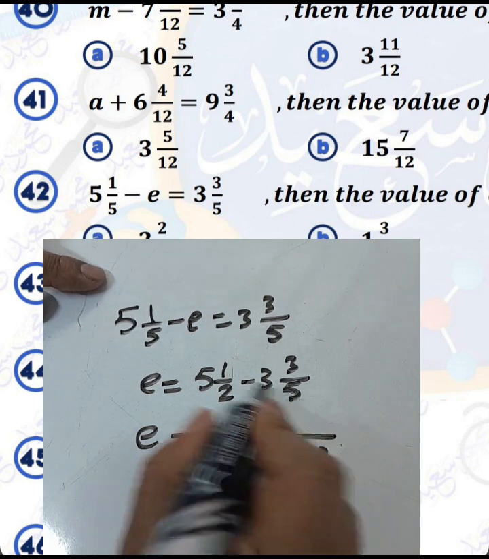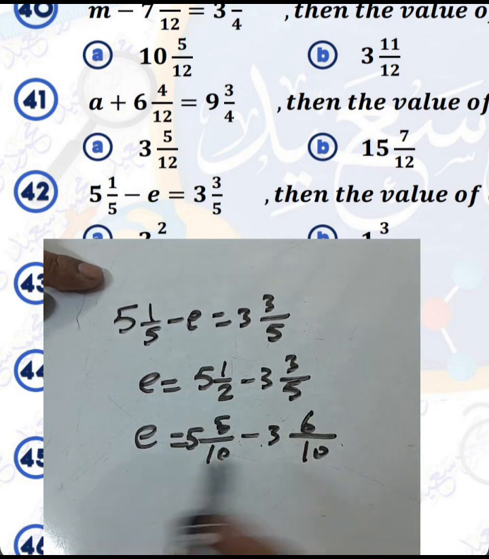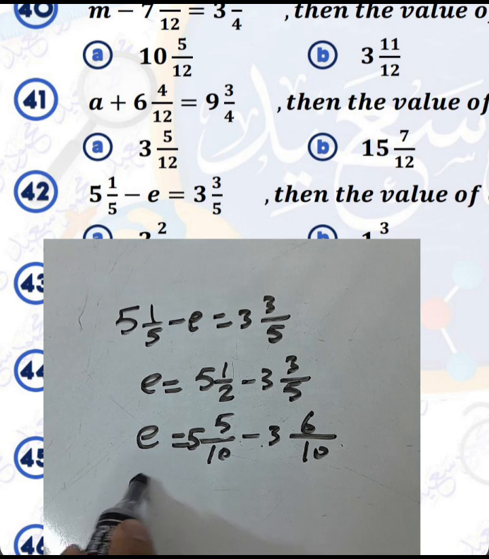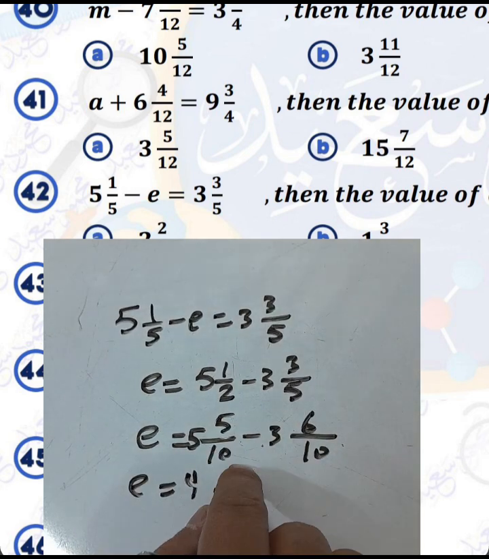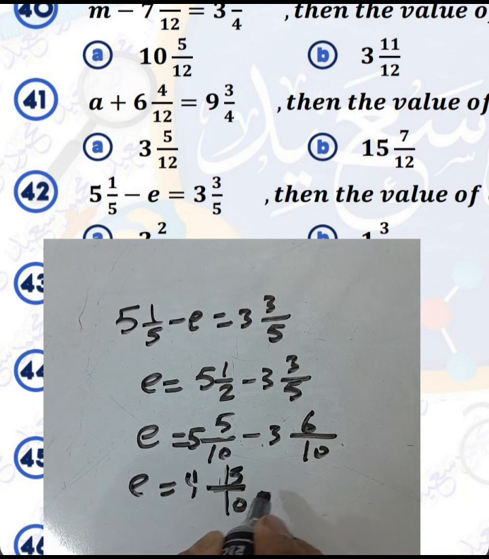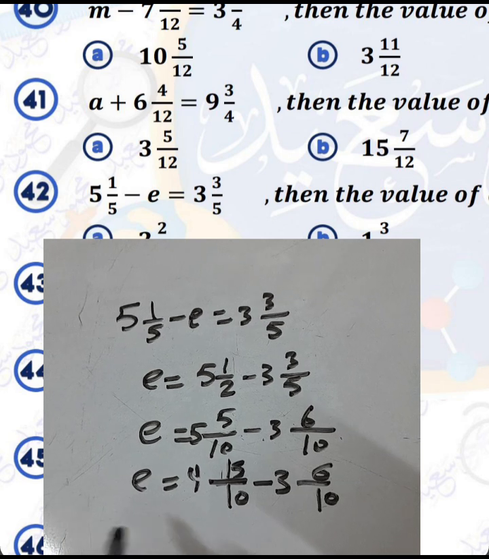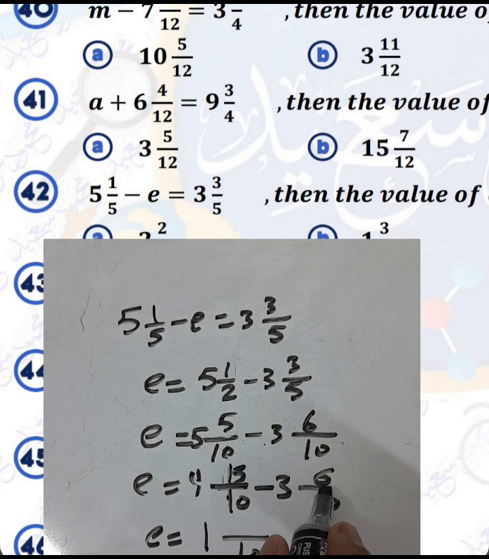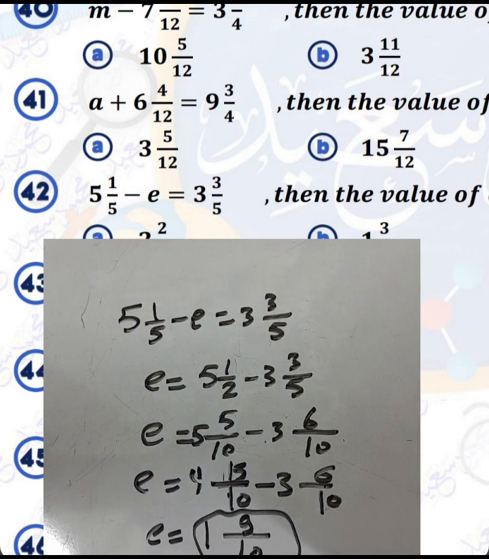And 5 times 1 equals 5. 2 times 3 equals 6. But 5 minus 6 we can't do. So we must borrow 1 from 5, it will be 4. And 1 plus 5 over 10 will be 15 over 10. Subtract by 3 and 6 over 10. And then 4 minus 3 will be 1. Write 10 in the denominator. 15 minus 6 will be 9. Then the result will be 1 and 9 over 10.